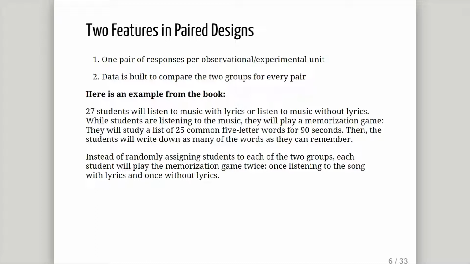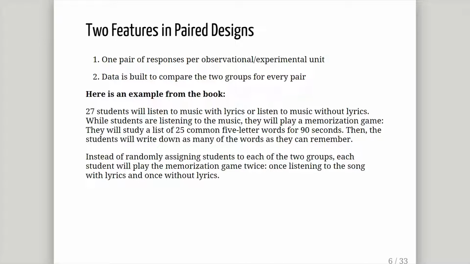Instead of randomly assigning students to one of the two groups, what we're going to do is have each student play the memorization game twice. Once listening to the song with lyrics, and then once listening to the song without lyrics.